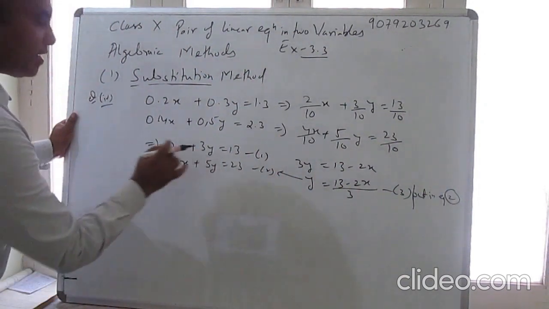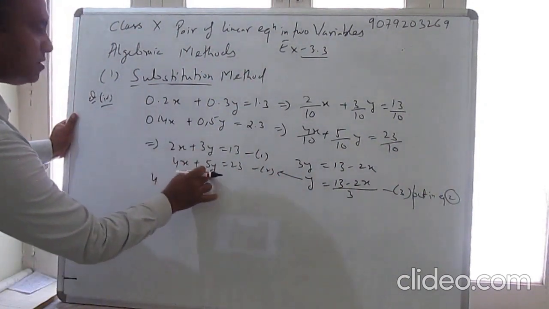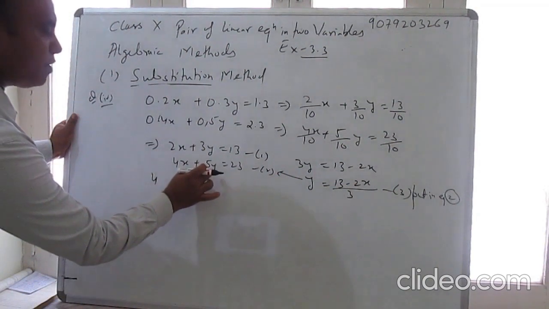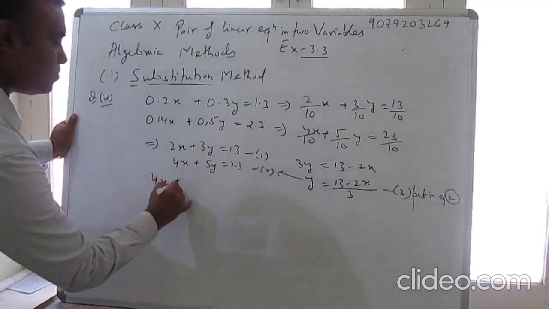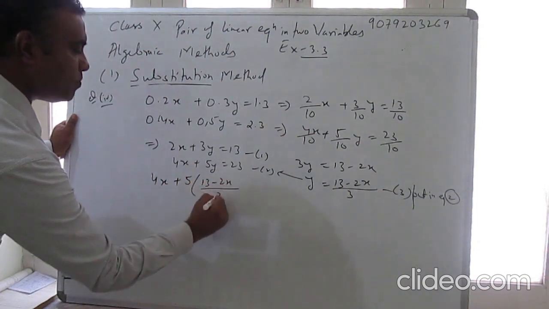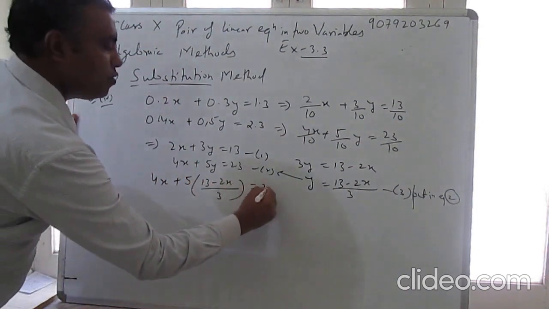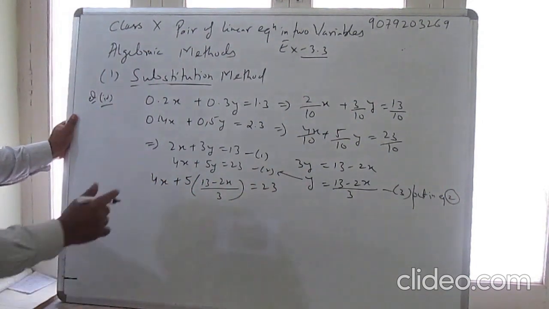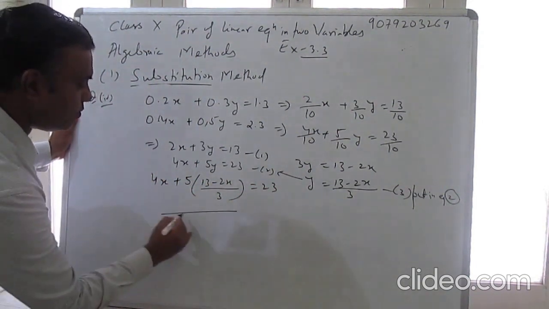We are eliminating y, substituting the value of y. We are going to substitute: 4x plus 5 bracket 13 minus 2x upon 3 is equal to 23. Take 3 LCM, then what you do?